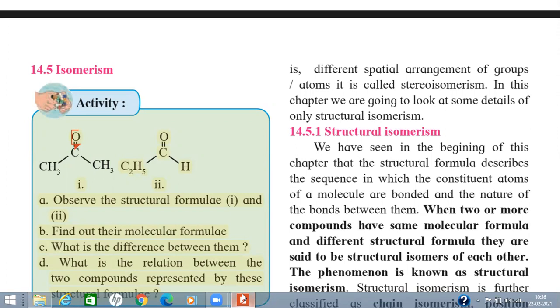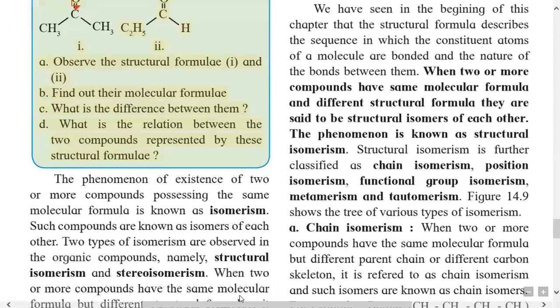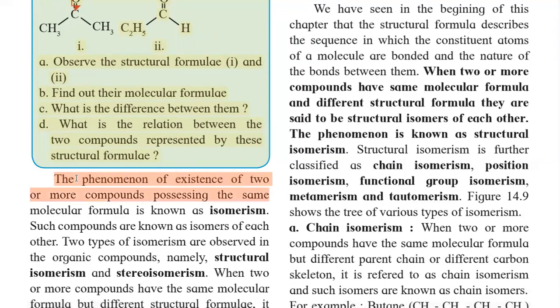So what is isomerism? The definition of isomerism is: compounds having the same molecular formula but different structural formulae are called isomers, and this phenomenon is known as isomerism.